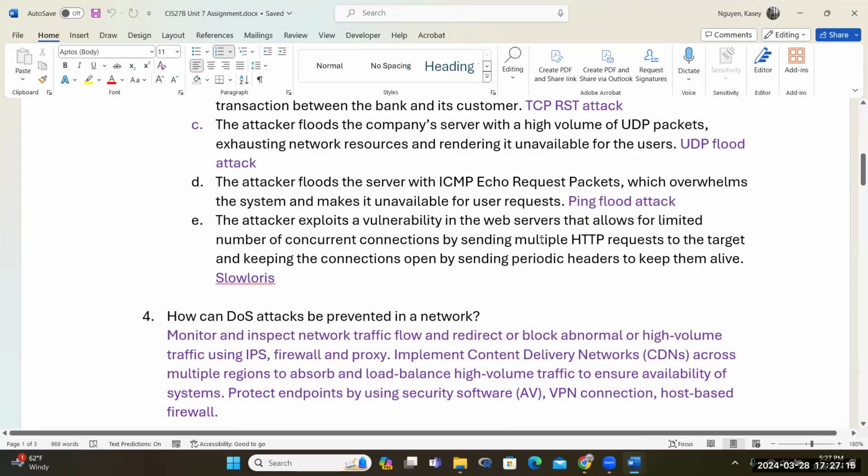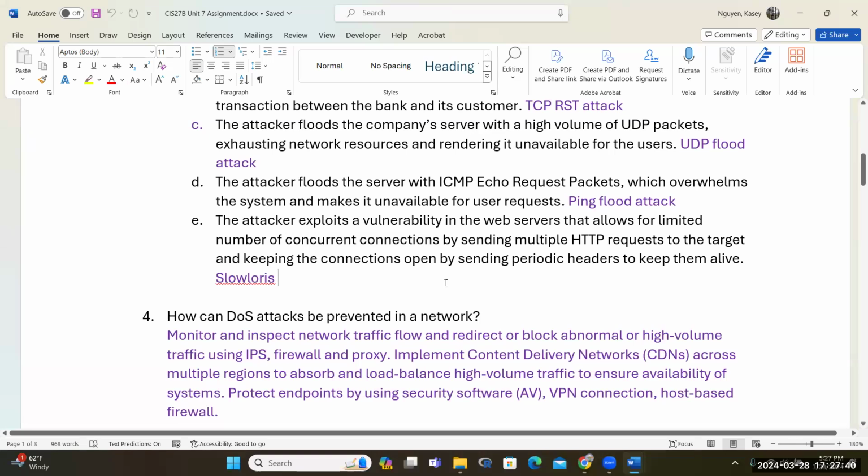So today we're going to use a tool called Slow Loris. This is also a form of exploitation. It's a way that the attacker would exploit the vulnerability to limit concurrent connections. You know that a web server needs to have many concurrent connections.